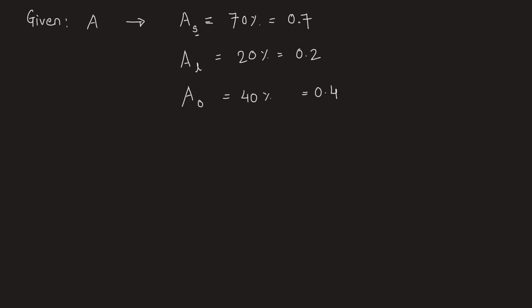Now we need to find out the fraction of solid in the overall composition which has 40% of A. Let's denote this as MS. Now the total concentration of A in the overall composition, that is A0, can be written as the fraction of solid, that is MS, into the concentration of A in it, that is AS, plus the fraction of liquid in the overall composition into the concentration of A in it, right?